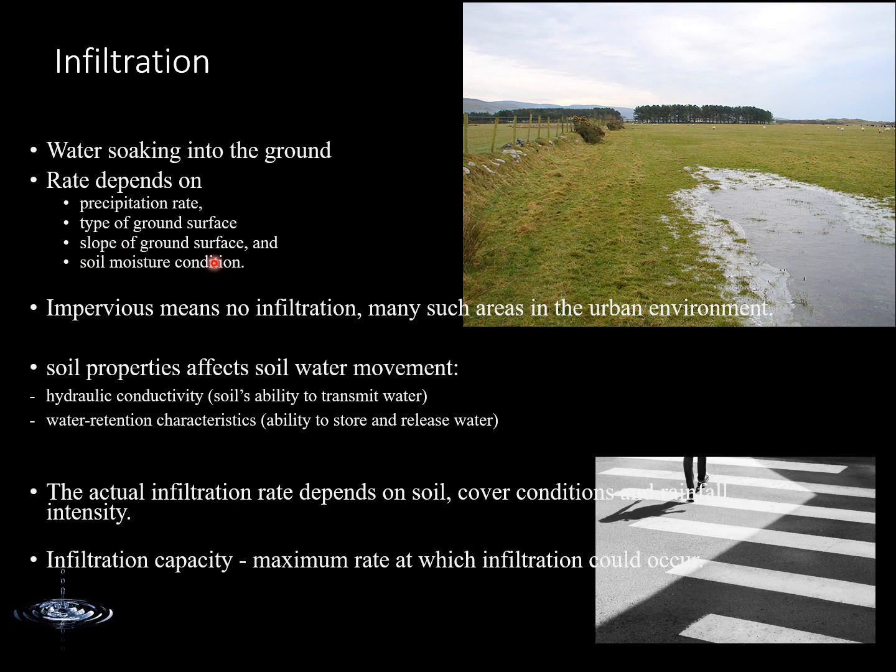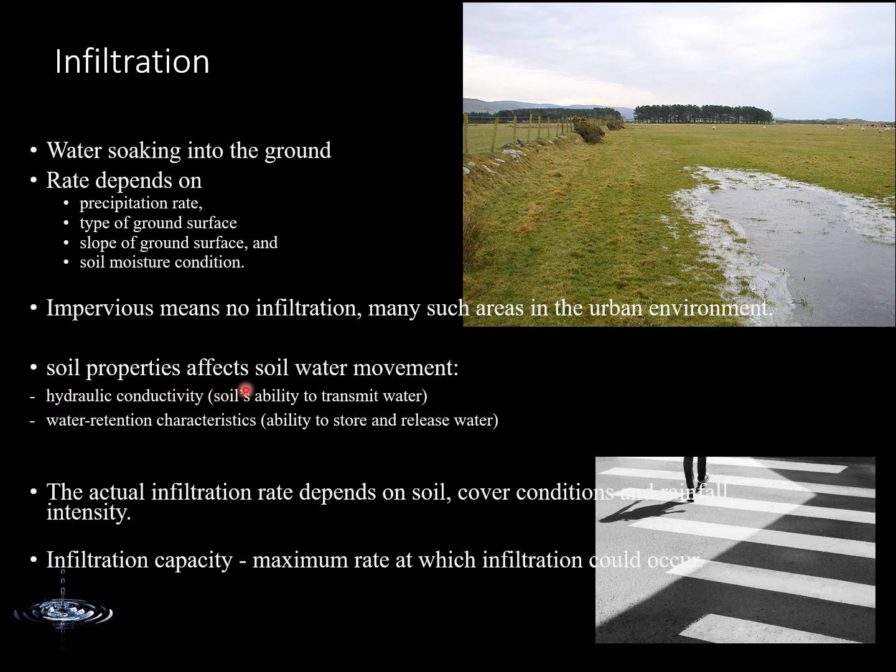Slope of ground surface: if it is a very steep area, then the infiltration will be less than in a mild slope area. And soil moisture condition: if the soil is already saturated like here, even though this is not an impervious area, because it is fully saturated, rainfall or water cannot enter the soil. So all these factors affect the infiltration rate.